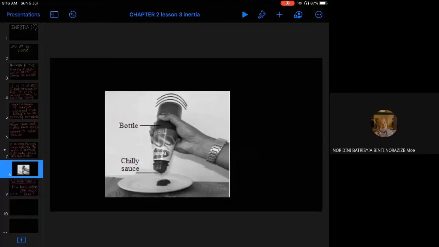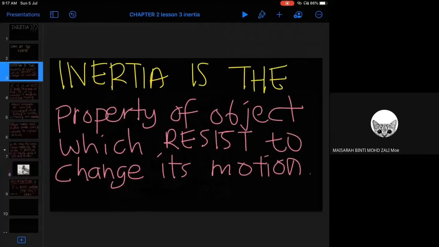The property of object which is to change its motion. Okay, very good. The property of the object that tends to resist its change of motion. Property of an object which resists to change its motion.